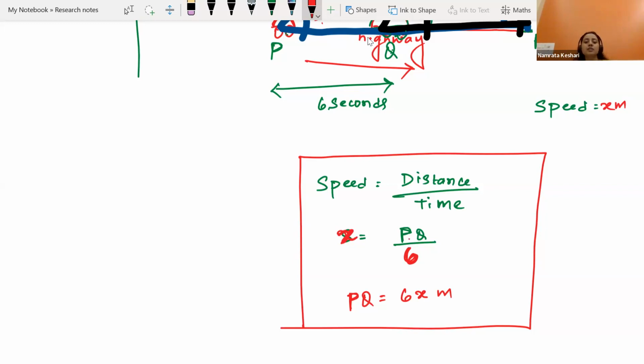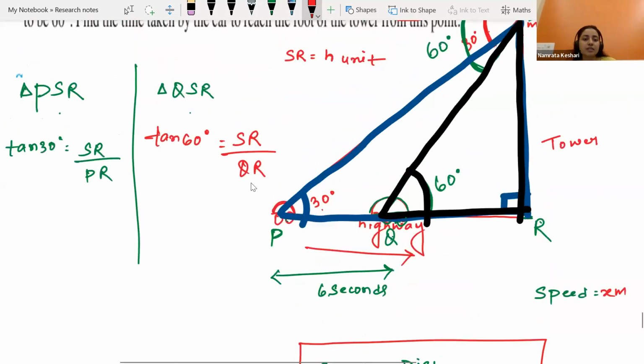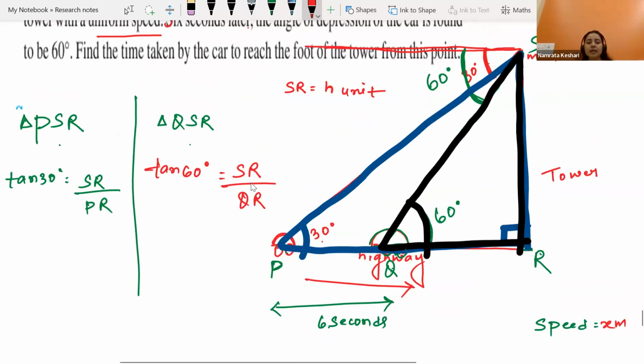So PQ distance and time is 6. Any confusion so far? Any confusion that PQ will be 6x, where x is the speed throughout the journey because the speed is uniform? Okay, let's keep it like this and let's try thinking what else can be done.